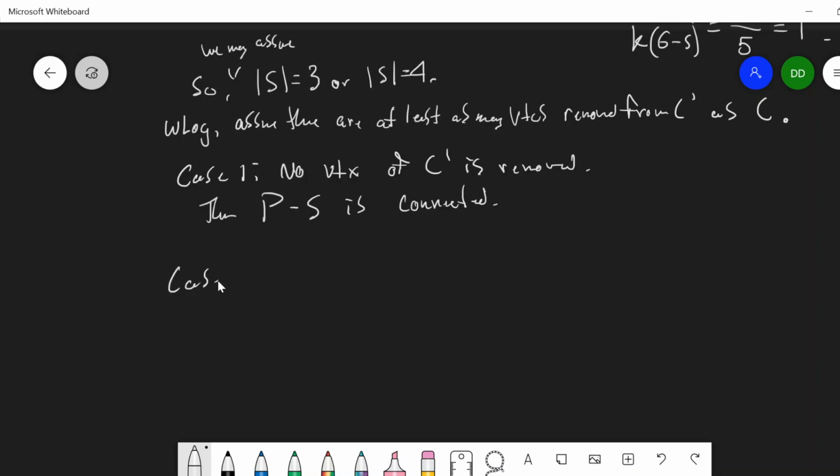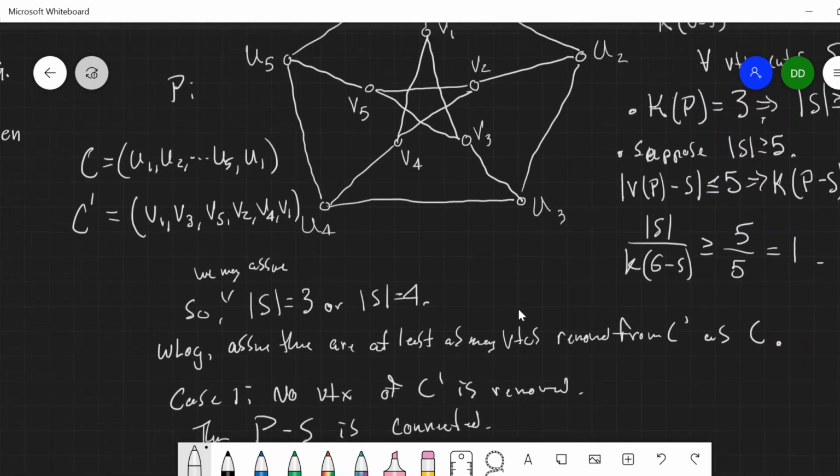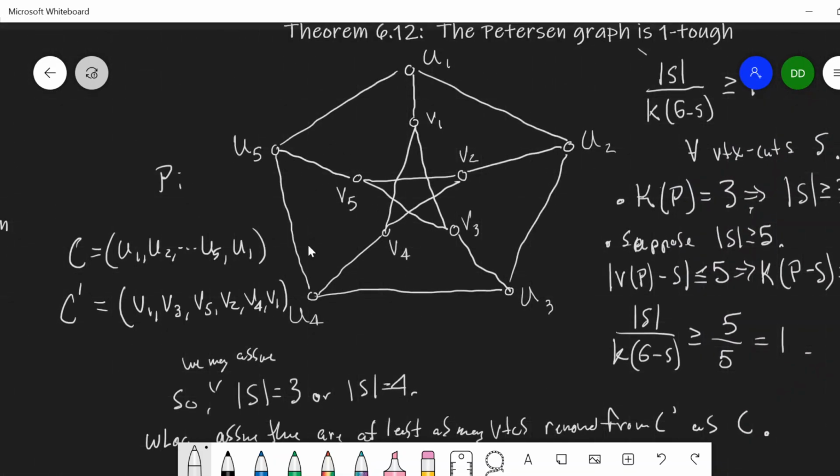So case 2, let's say one vertex of C prime is removed. Okay, well, let's examine that. So one vertex of C prime is removed, and then either 2 or 3 vertices of C, the outside cycle, is removed.